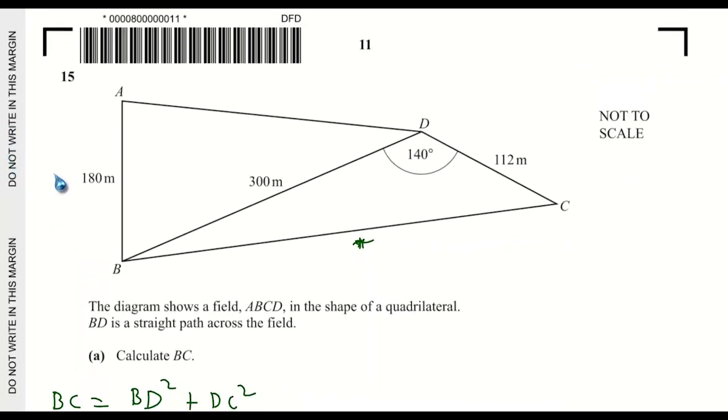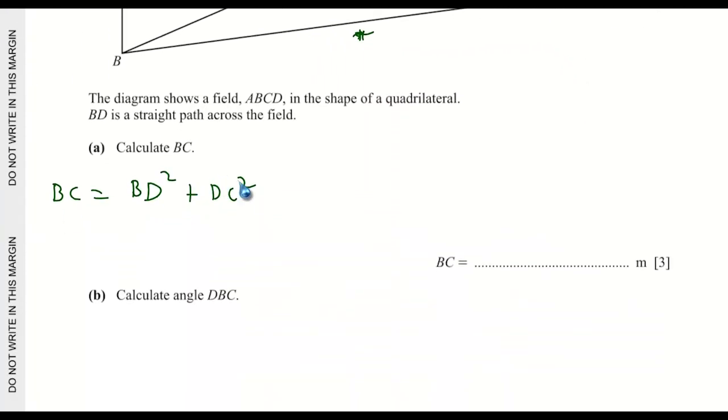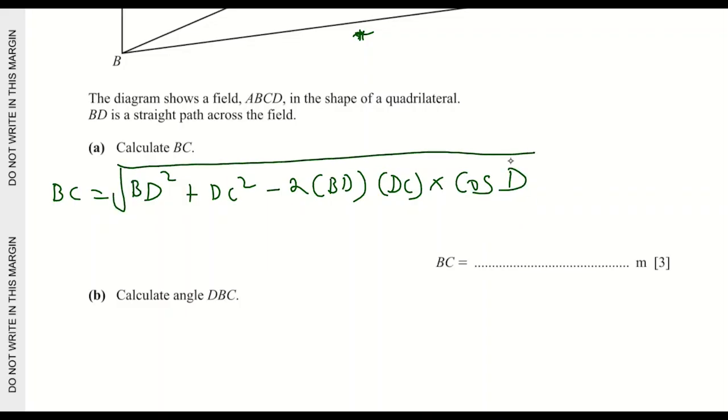I want to believe you can still recollect the cosine rule. It's going to be BD squared plus DC squared minus 2 times the product of BD and DC, then cos D, that is cos 140 degrees. Everything will be in the square root, so we can put the values in now.